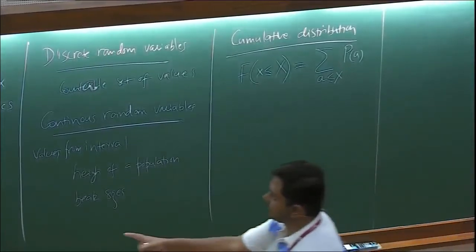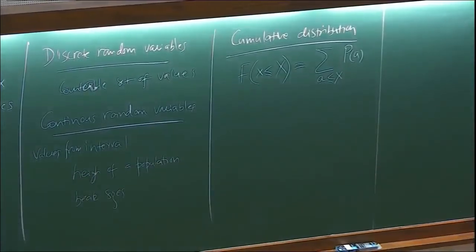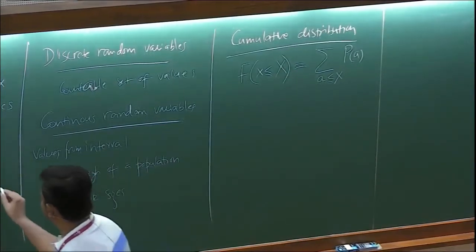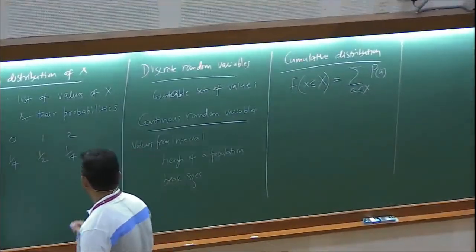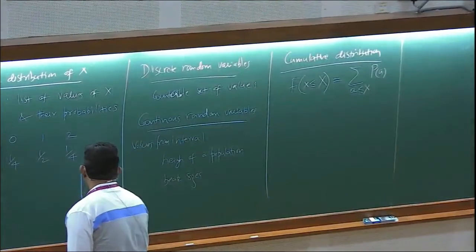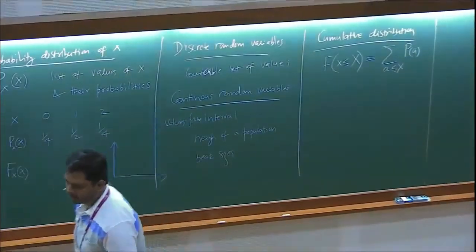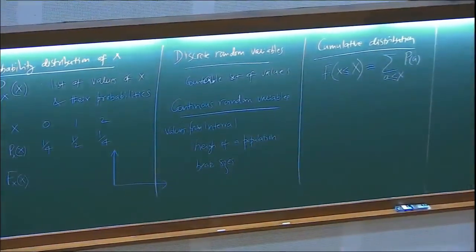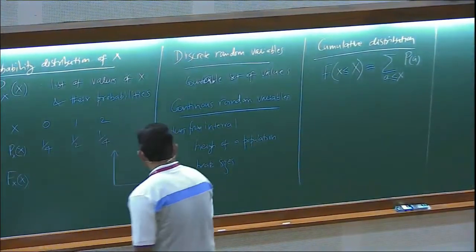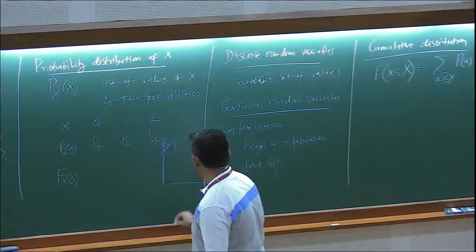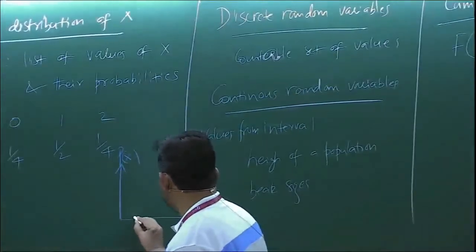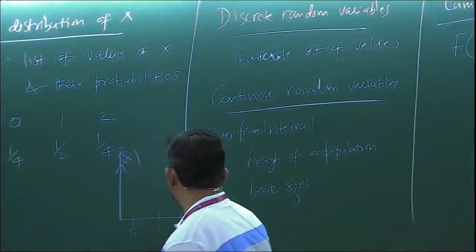So for the same case, can you compute for me the cumulative distribution? First let me plot this out. If you plot P of X, there are values 0, 1, and 2.